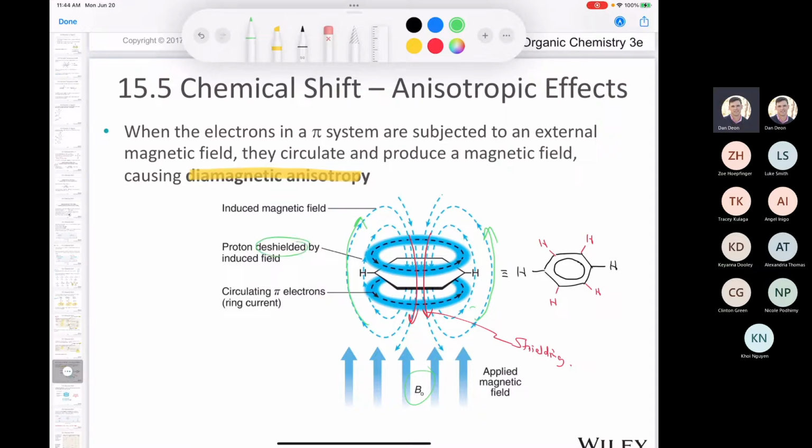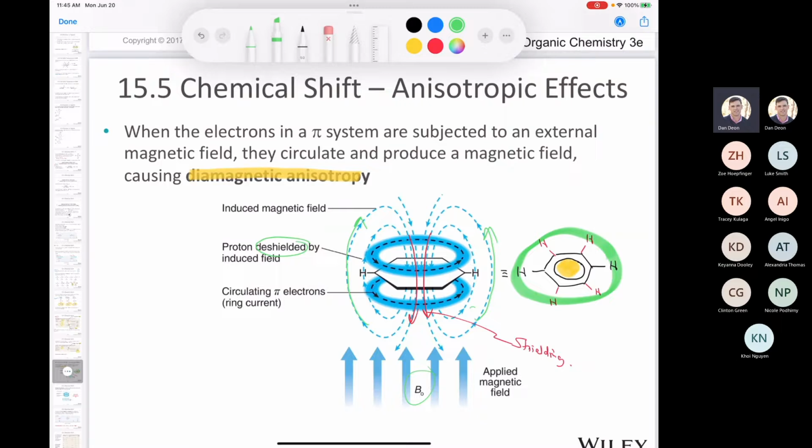Put it another way, just follow along with me very carefully. There are no protons inside the ring, so we'll get to that in a second. But inside the ring, it's shielded, whereas outside of the ring is de-shielded. So you've got the same molecule with 2 different environments: a de-shielded region outside the ring and a shielded region inside.